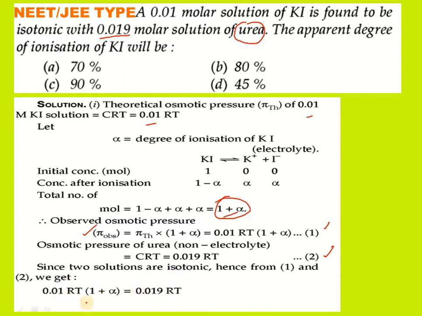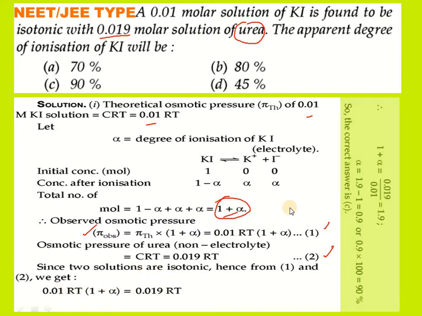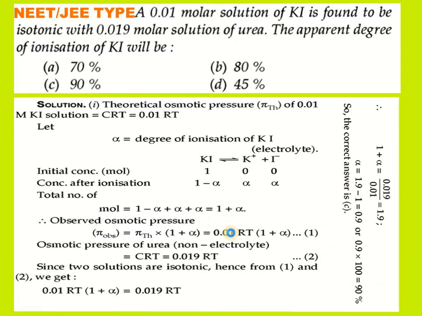So RT will get cancelled, and the remaining portion will be simplified. After simplifying, we got alpha equal to 1.9 minus 1, which is 0.9. That is nothing but 90%. 90% means option C is the right option for it.